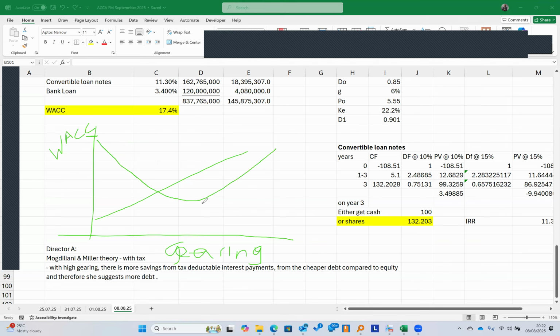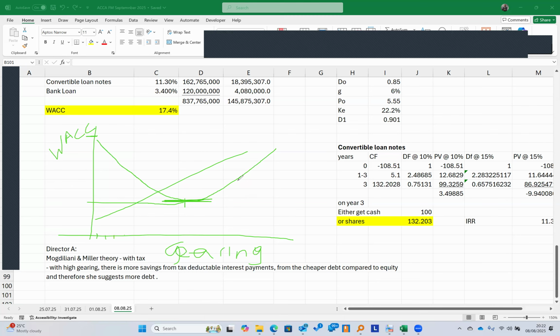Ideally, when you are still at a lower debt, you are able to get cheaper financing. As you increase the debt, you get cheaper and cheaper. But a point is reached, which we call the optimum point, where you have the lowest cost of capital. After that, when you increase gearing some more, the cost of capital starts to pick up again.